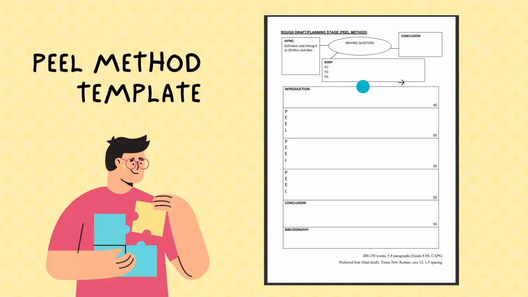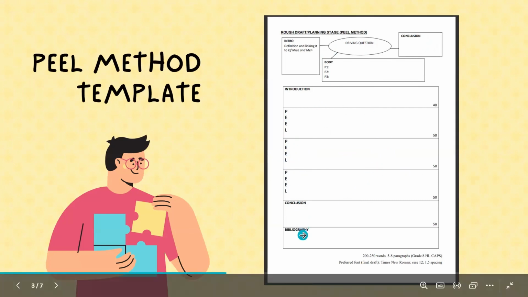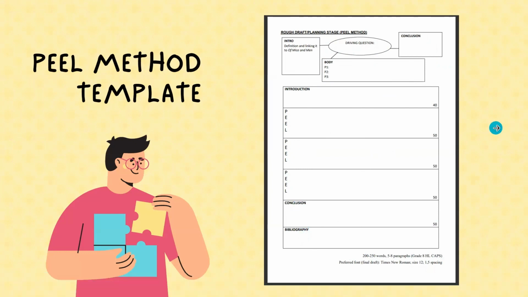Then your body, it's your opinion of the driving question and backing up your opinion with the book or websites. Your conclusion would be summarizing these paragraphs in your Peel method. And for those who do not have it, I will put a link in the description.